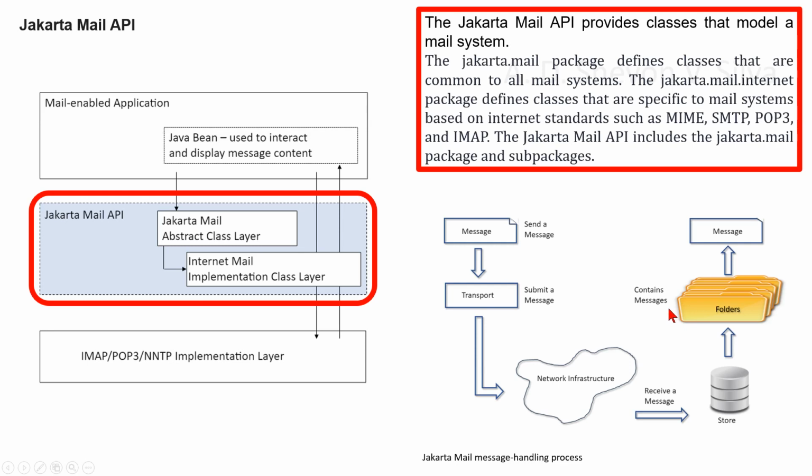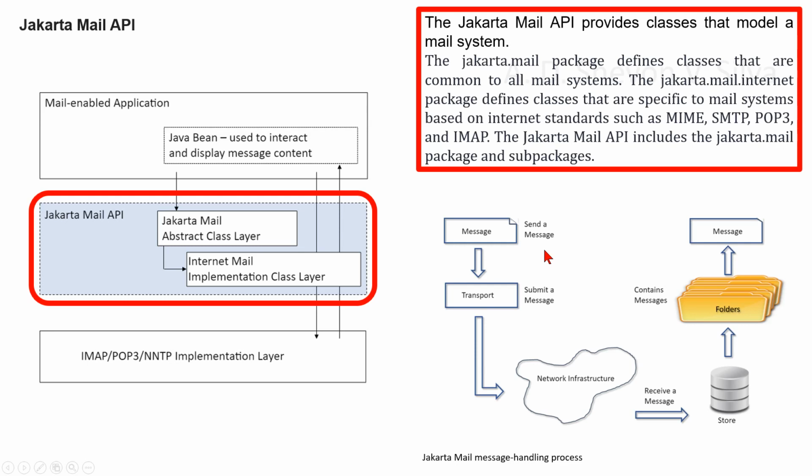Jakarta Mail provides message subclasses that support specific messaging implementations. The content of a message is a collection of bytes or a reference to a collection of bytes encapsulated within a message object.